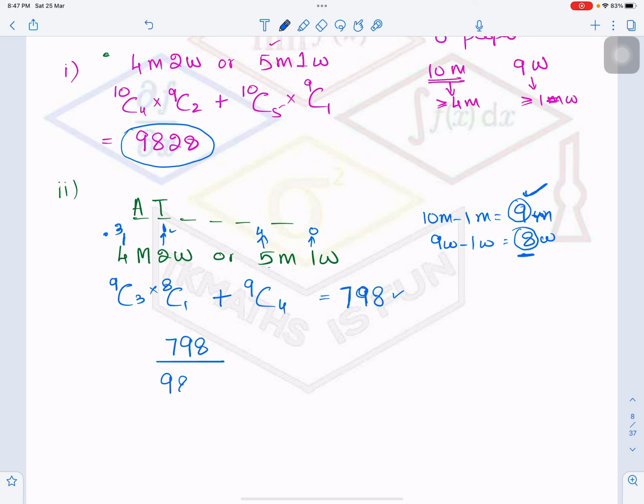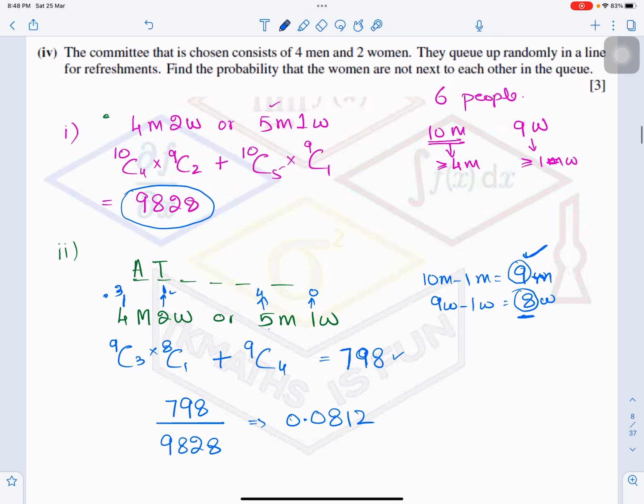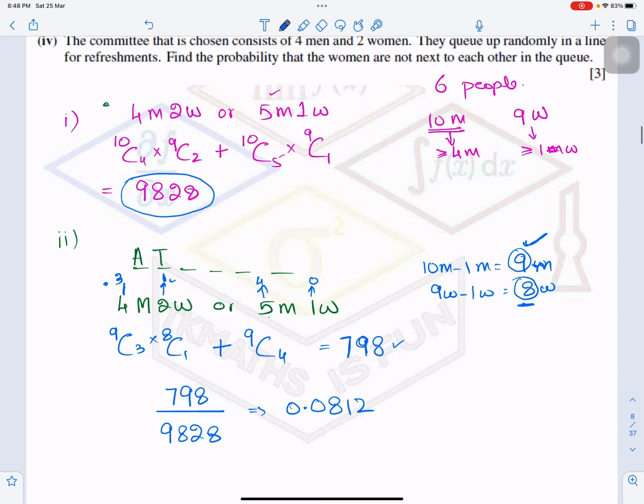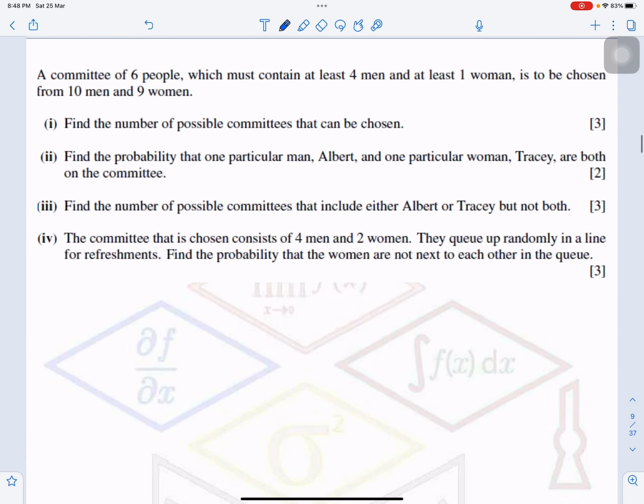So I will write that in my denominator. And you can write it in simplified form if it comes, otherwise in decimal. So this is the probability when Albert and Tracy are in the committee, and at the same time we have to see the condition of at least 4 men and at least 1 woman. Okay. Now let's see part number 3.